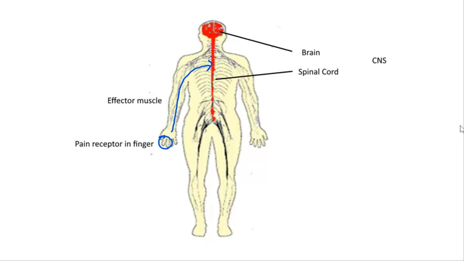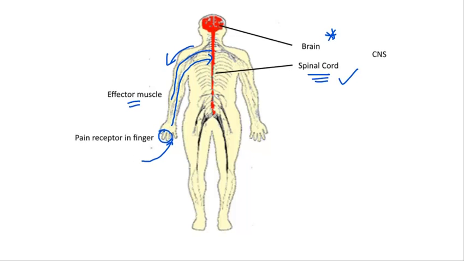And then immediately, the motor nerve would be emerging, coming down into the arm from the spinal cord. And so the information flow is upwards across the relay nerve and immediately out along the motor nerve to the effector muscle. And so it's only the spinal cord which is involved, not the brain. And this gives us a faster, protective survival response, reducing the threat of damage to the tissues.